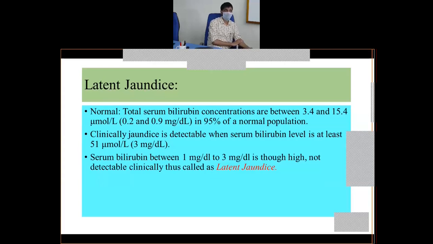Clinically, jaundice is detectable when the serum bilirubin is at least 3 milligram per deciliter. So serum bilirubin between 1 to 3 milligram per deciliter, though high, is not detectable on clinical examination. That's why we call it latent jaundice. So remember the definition of latent jaundice.